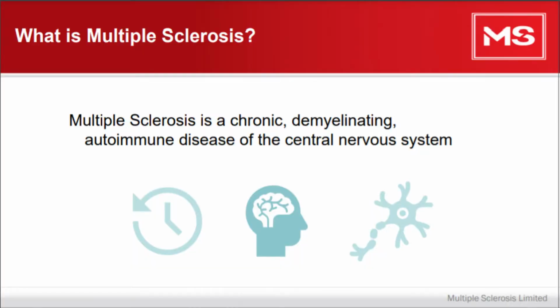So why does it happen? And let's have a look. There's quite a lot of information on this chart here. And a lot of people will be very interested in the incidence of MS. So out of 1,000 people, there's a 3 to 5% chance that you might get MS if you have one parent that's got MS. There's a 12% chance you'll develop MS if you have both parents.